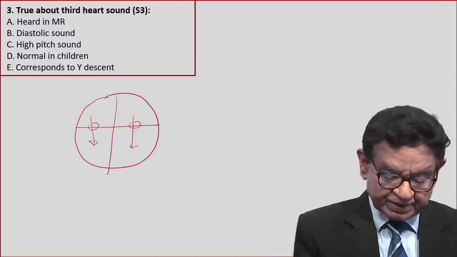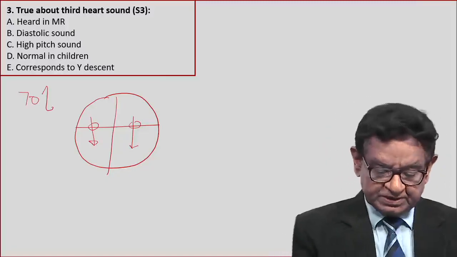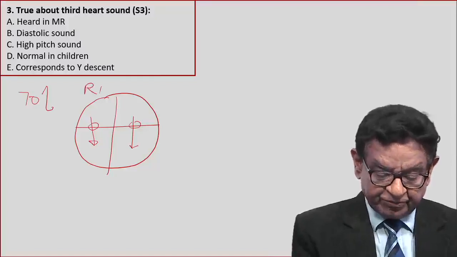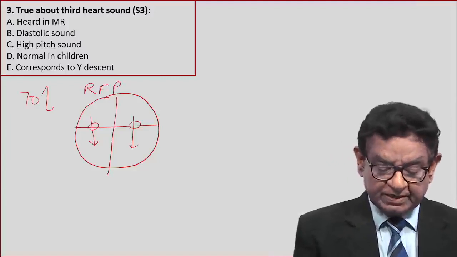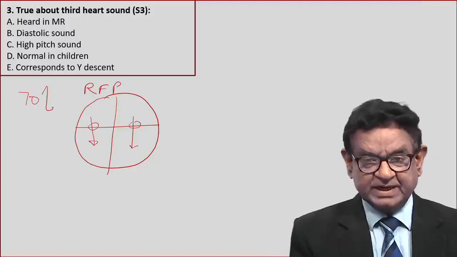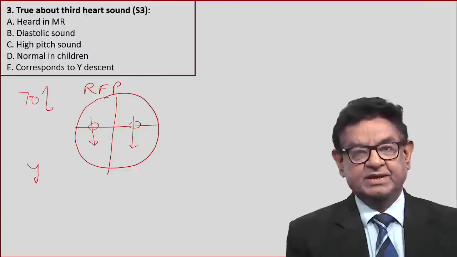In fact around 70% of the blood comes from atria to ventricle, and this is known as the rapid filling phase of the myocardium.